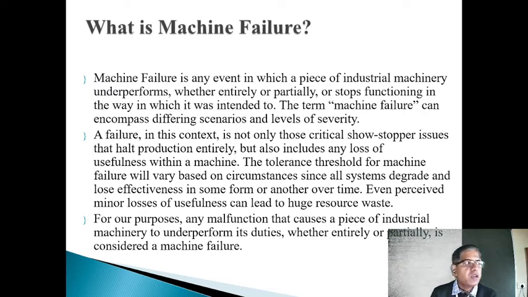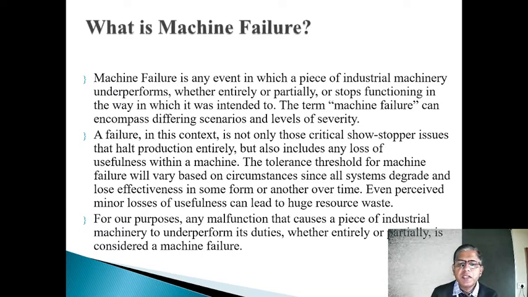Machine failure leads to production downtime, increase in cost of production, and increase in manpower requirement, but it may also lead to catastrophic failures or accidents. These are certain examples and disadvantages of machine failures.